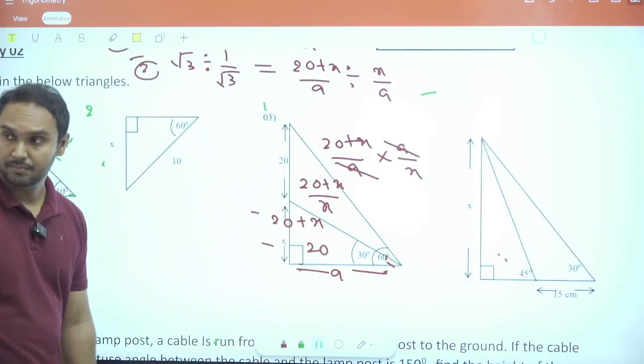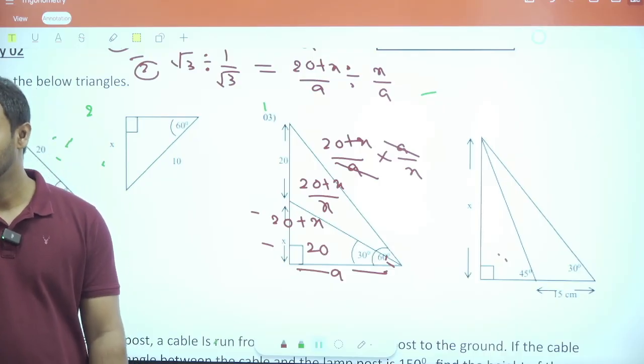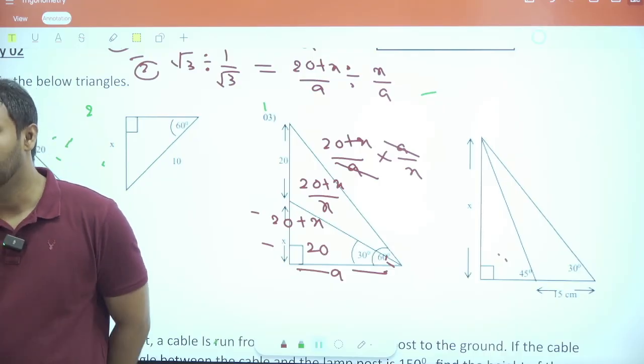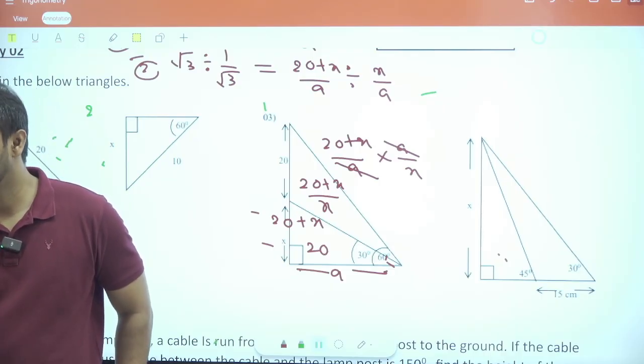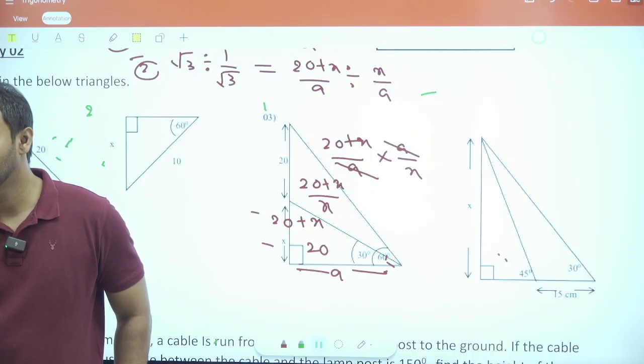Anything multiplied by 1, see? When you multiply 1 by root 3, it can't be cancelled.